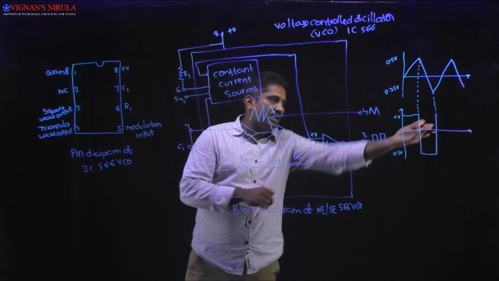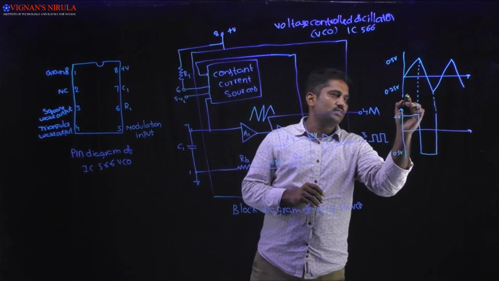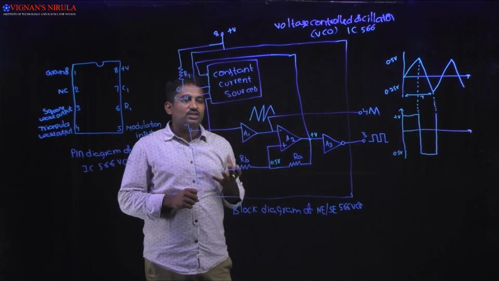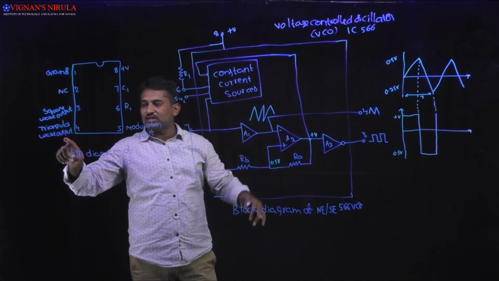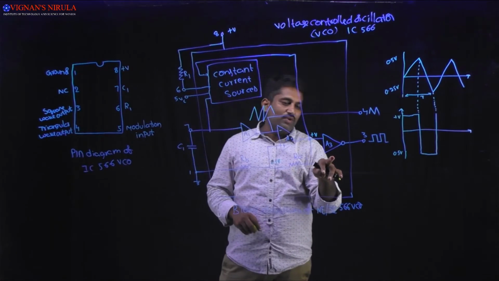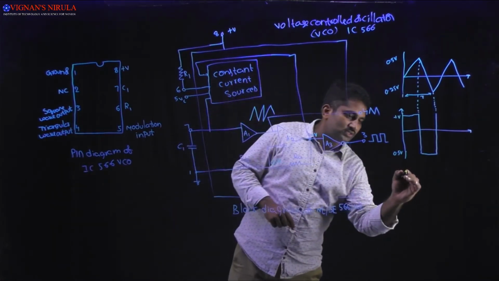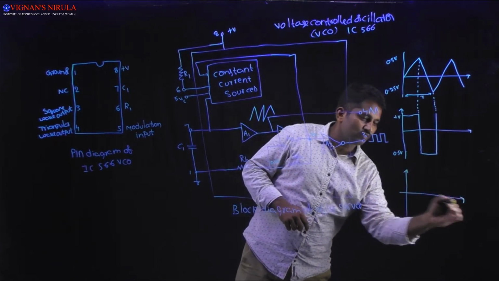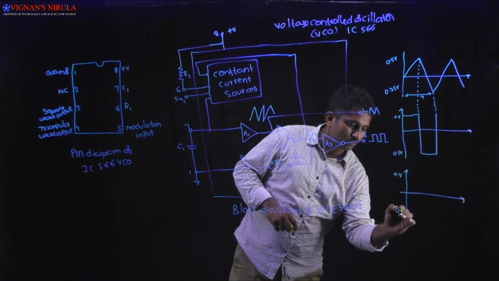That's why here I am representing the square wave output as high, and this is the time required for the charging and the discharging. One is the triangular wave output, which will be generated at pin number 4, and the final one is the output of the inverter. We just invert the output of the Schmitt trigger to get the output voltage.